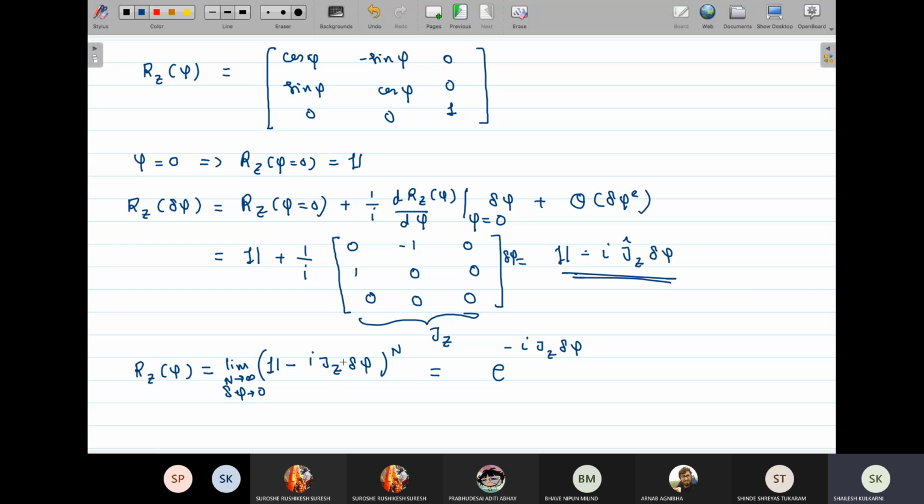Because there will be some simplification due to Jz: Jz square, Jz cube. Jz cube will be Jz, and Jz square will be 1. From that you get the simplification, and you can write this limit as e to the power minus i Jz delta phi.